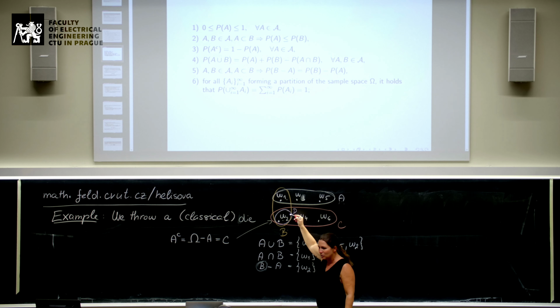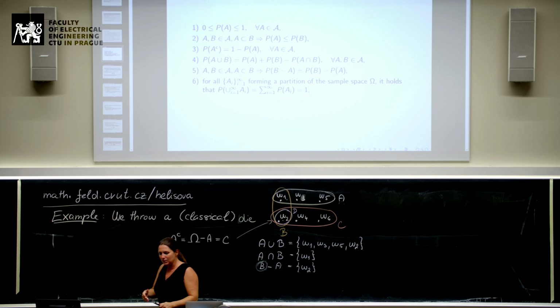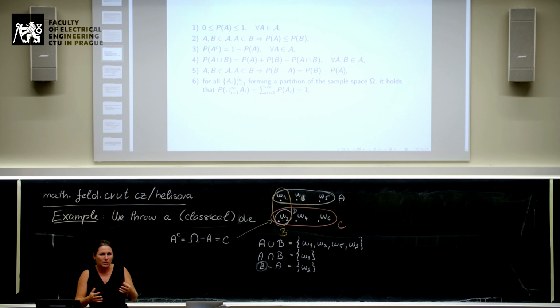And the probabilities of the remaining elementary events cannot be negative. So the probability of the larger event must be larger or equal to the probability of the smaller event. So be careful when you calculate the probabilities of some event and its sub-event. The probability of the sub-event must be less or equal to the probability of the event itself.